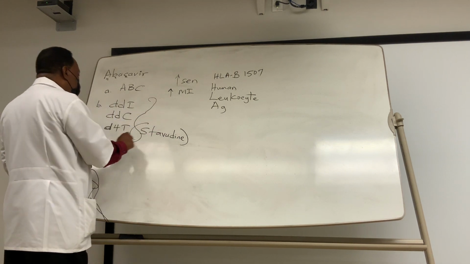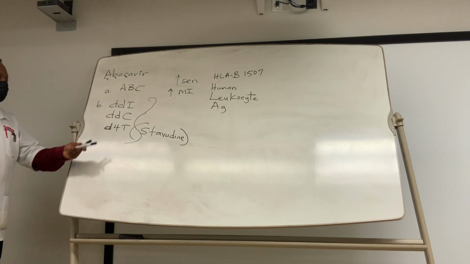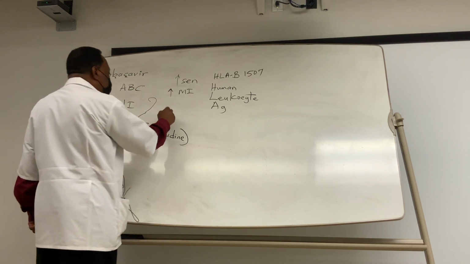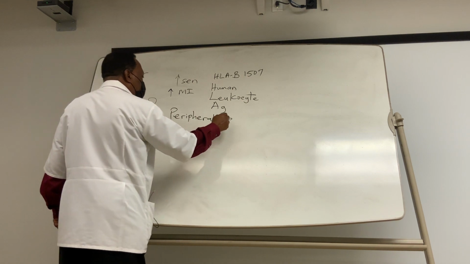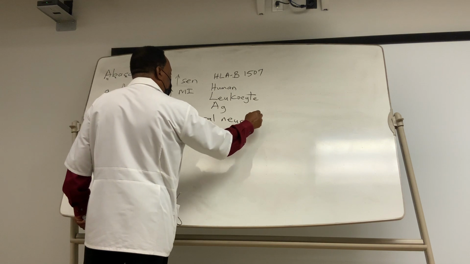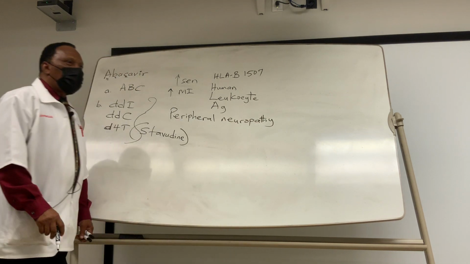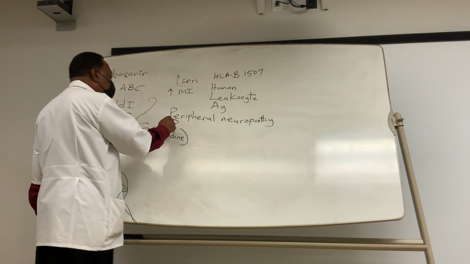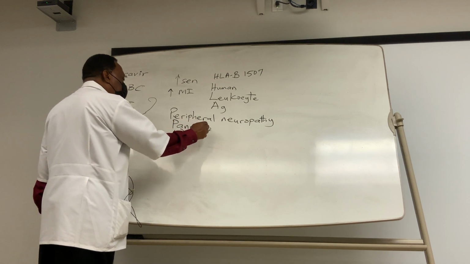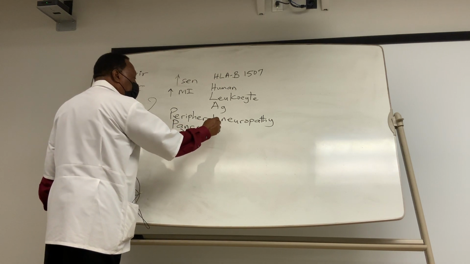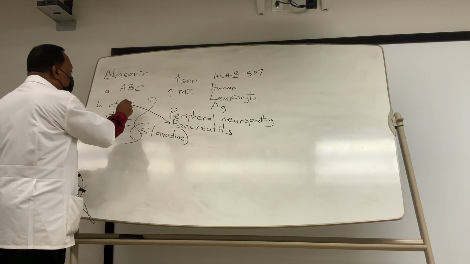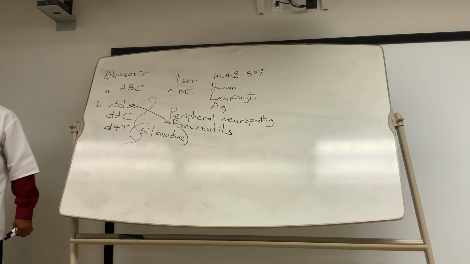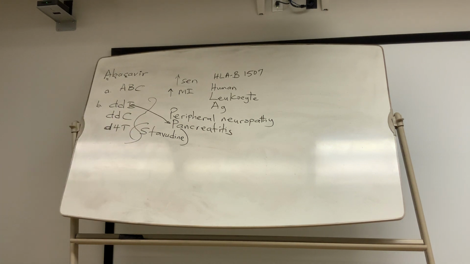But these three drugs, DDI, DDC, and D4T, can produce a lot of peripheral neuropathy. And that's a major adverse effect of these agents. And then they can cause pancreatitis, particularly this DDI, in terms of that severe pancreatitis.